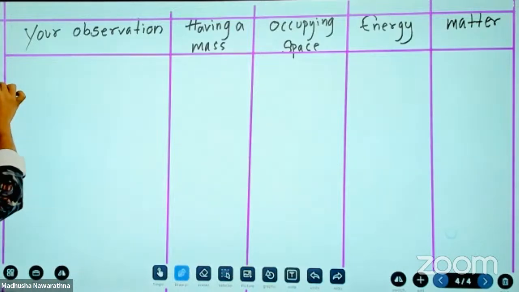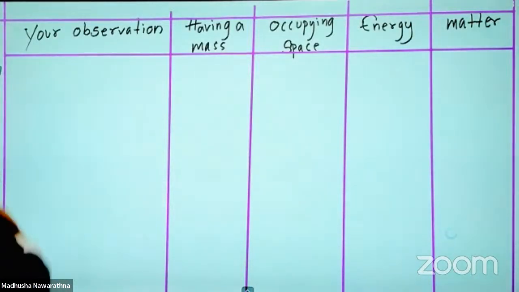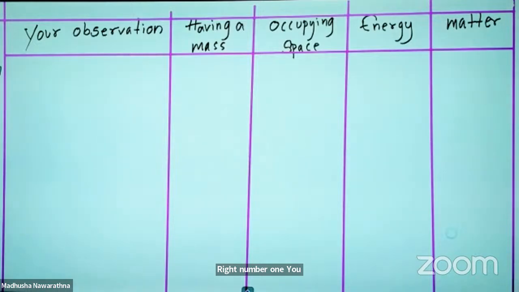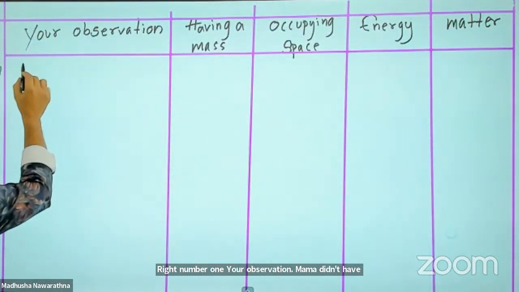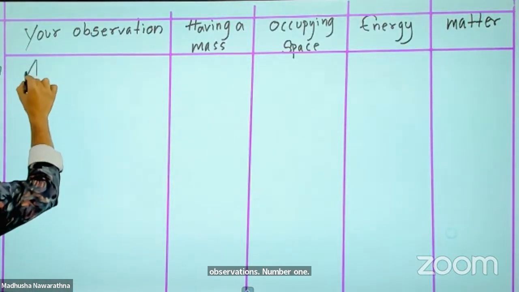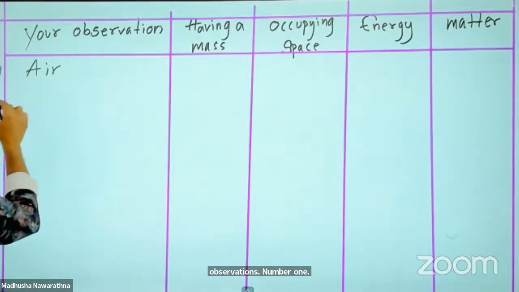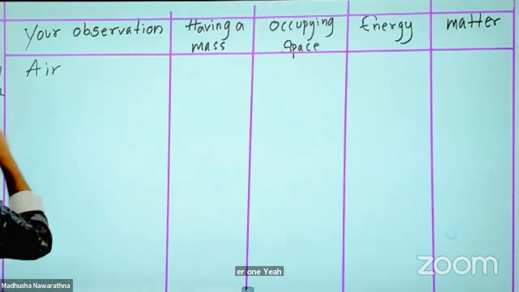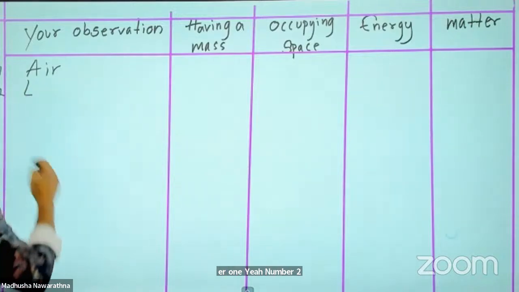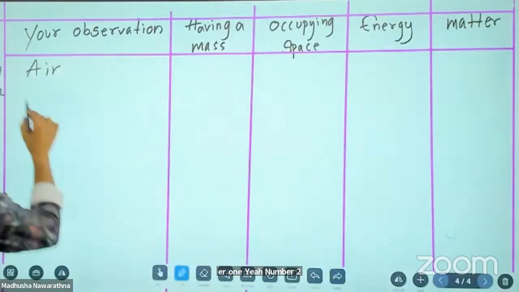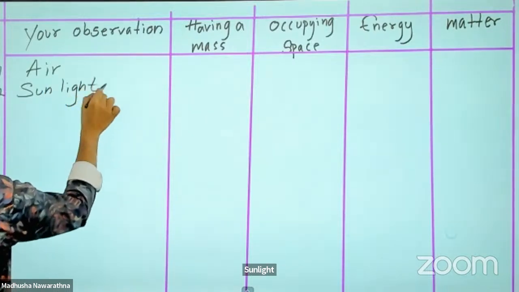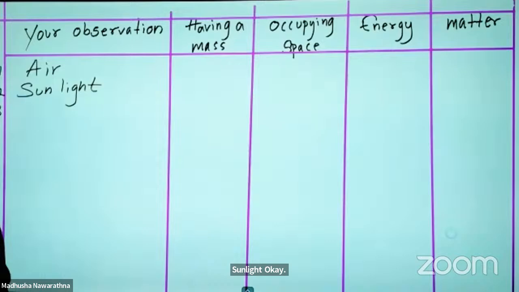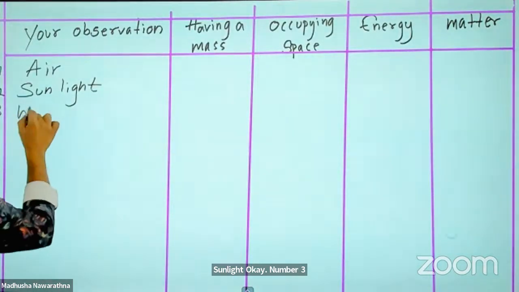Right. Number 1, your observation. I will give the observations. Number 1, air. Number 2, sunlight. Number 3, water.